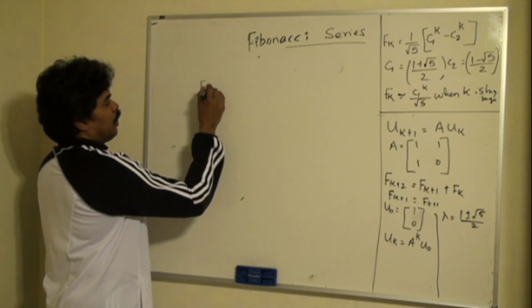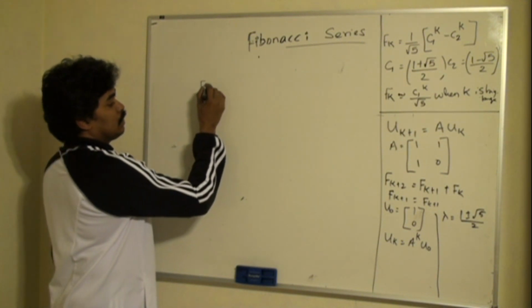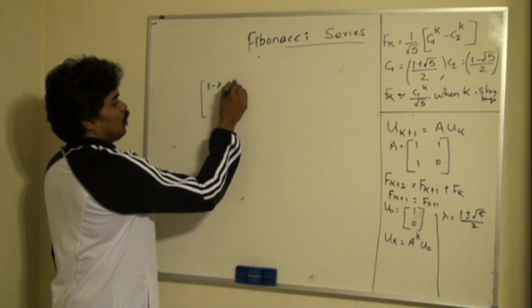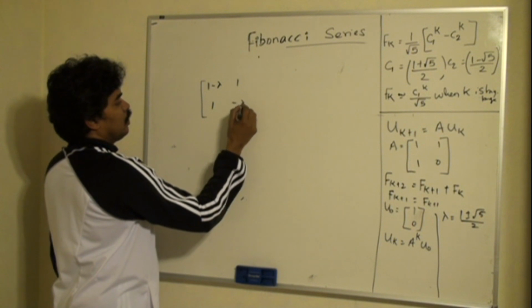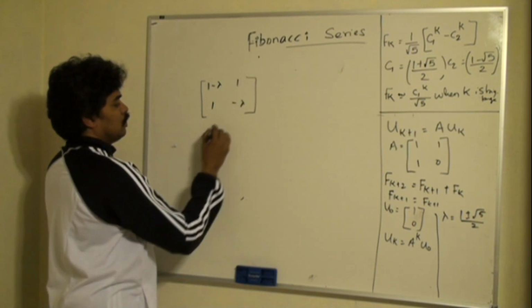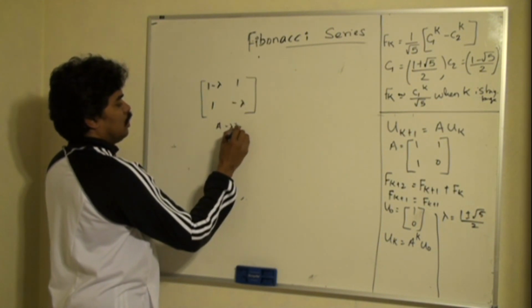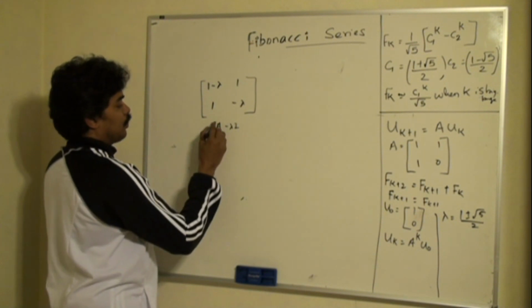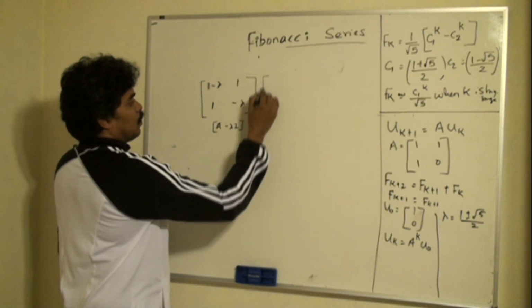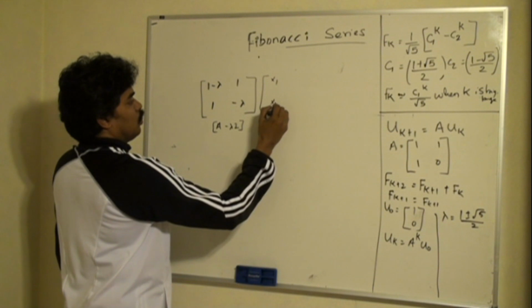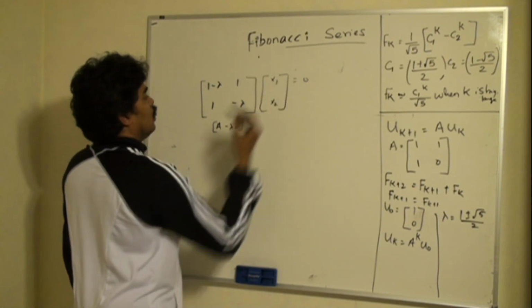So let me write down A minus lambda I, which is 1 minus lambda, 1 minus lambda. So this is A minus lambda I. Again, I is the identity matrix, right? I'm going to multiply by x1, x2 equal to 0.